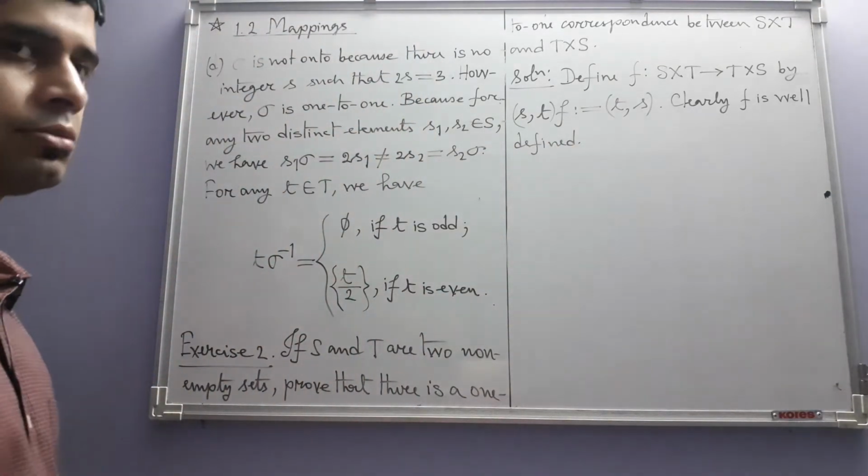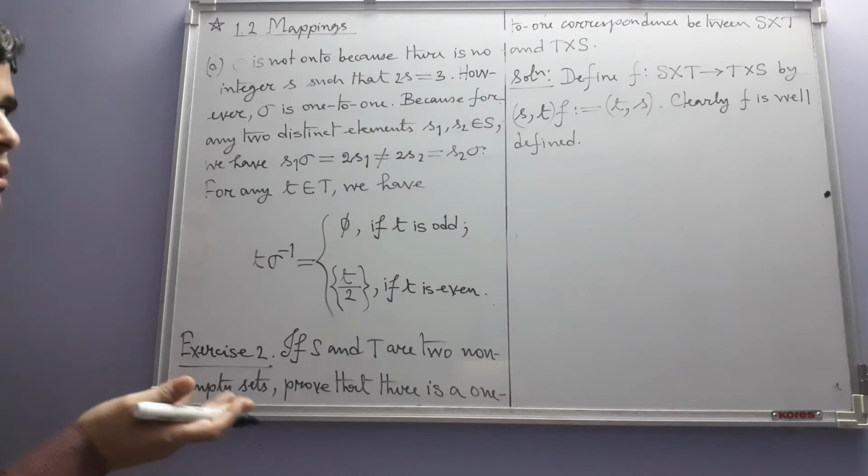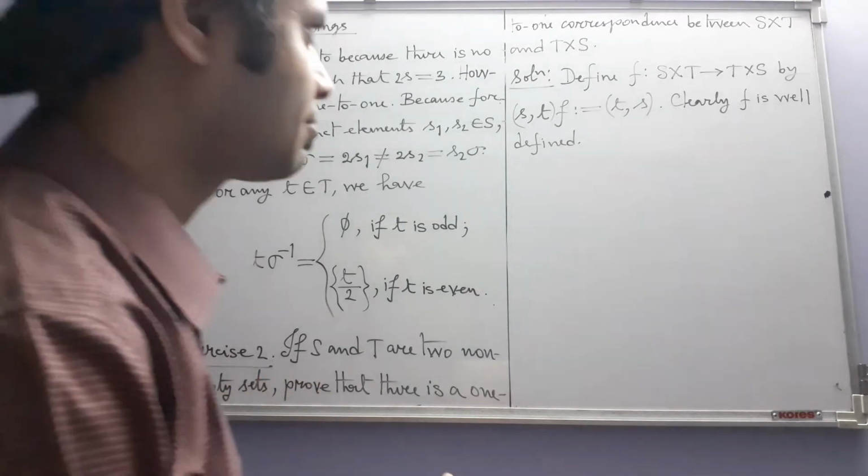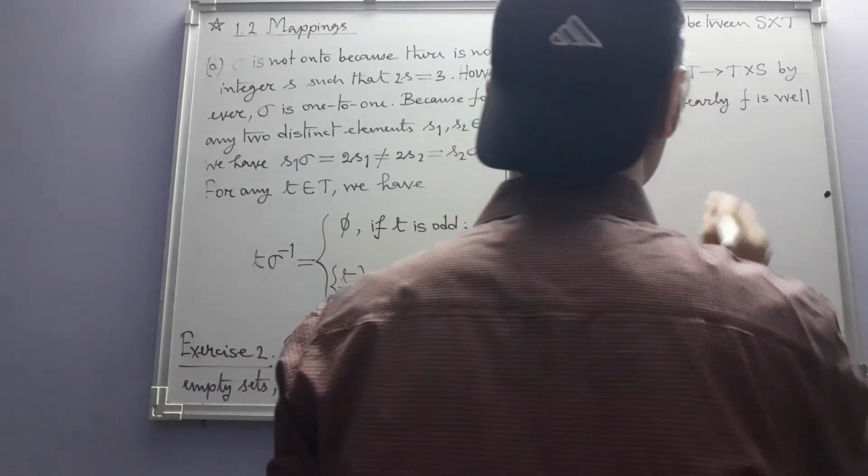F is also one-to-one and onto, it can be easily seen, but since we are solving an exercise, we have to do it.